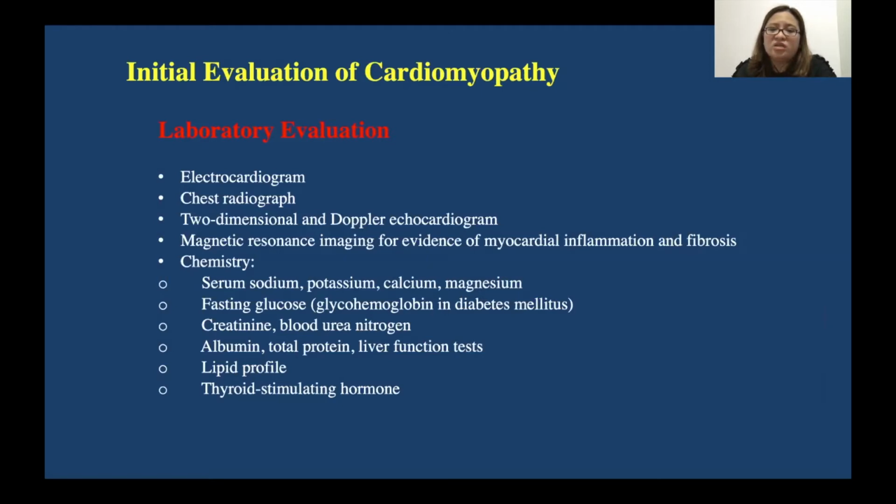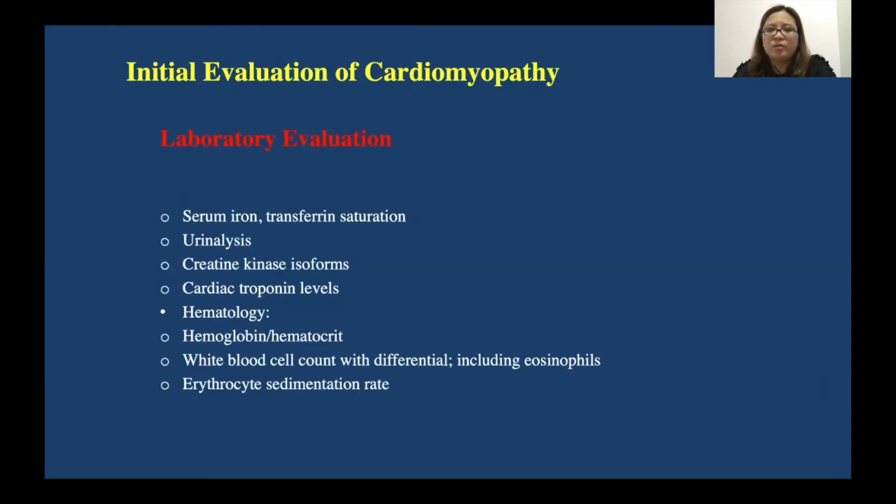But if your patient is already diagnosed as diabetic, you need to request for glycosylated hemoglobin. You need to request for creatinine, blood urea nitrogen, liver function tests including albumin and total protein, lipid profile, also screen for thyroid pathology by requesting for thyroid stimulating hormone.